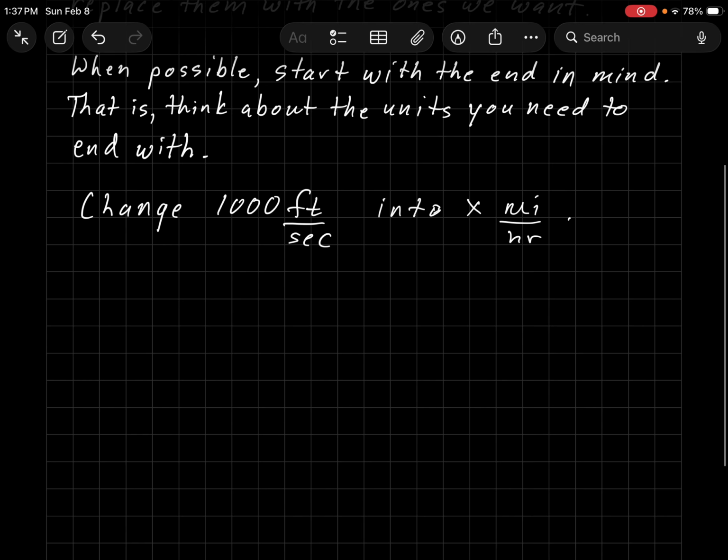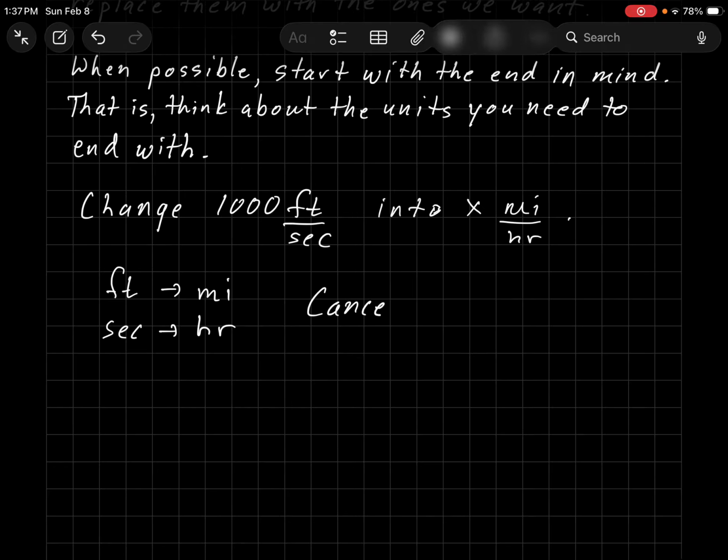Let's break this down into pieces. I know that I need miles per hour, which means my feet need to become miles and my seconds need to become hours. But they're not going to do that directly.